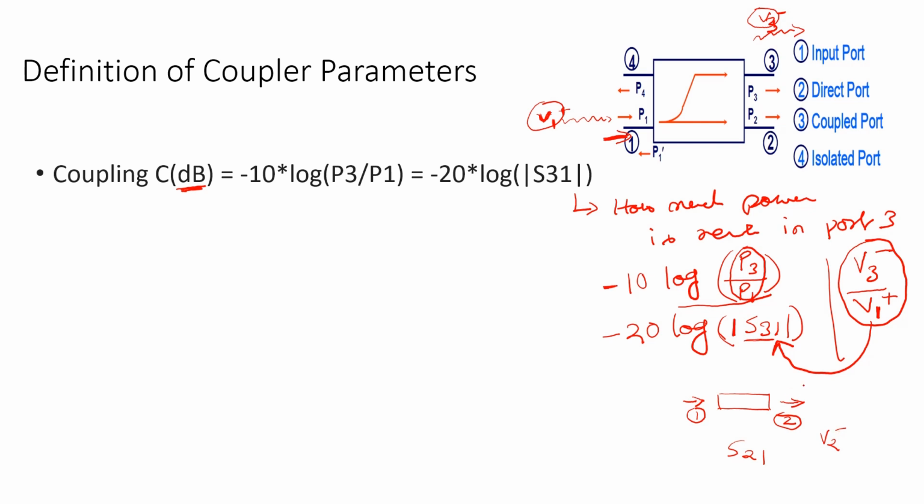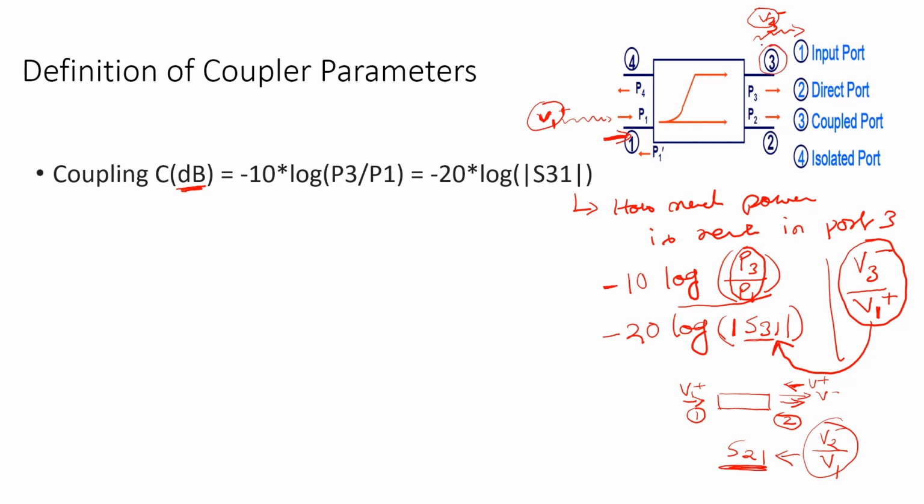This is just a convention: something coming into the circuit is called plus and something going out of the circuit is called V minus. So this signal is coming out of our circuit, so it is V2 minus by V1 plus because it is coming into your circuit. And this was denoted by S21. And now, why is it S31? Because we are dealing with port 3.